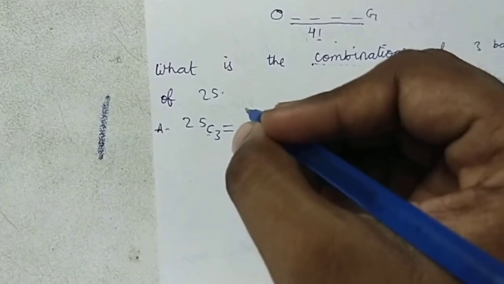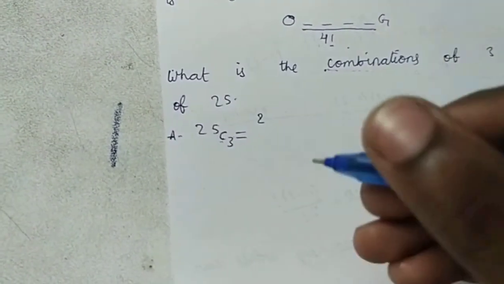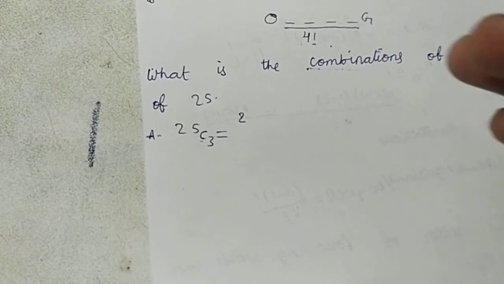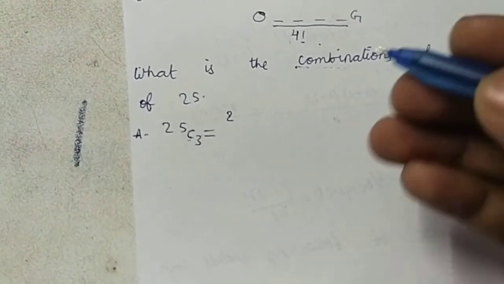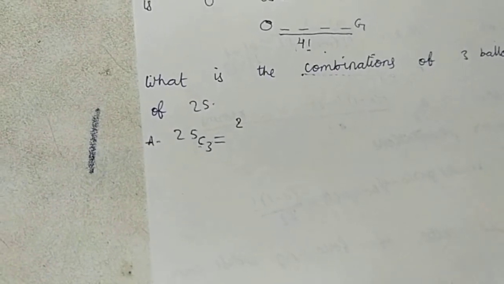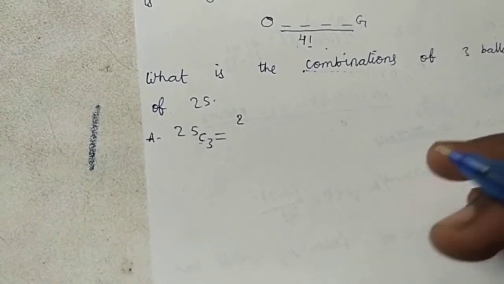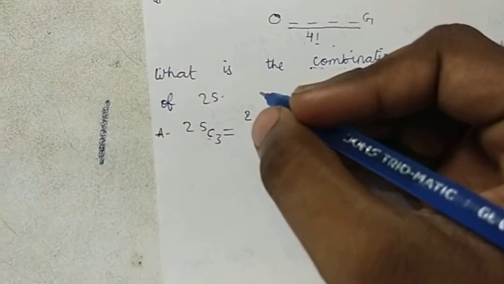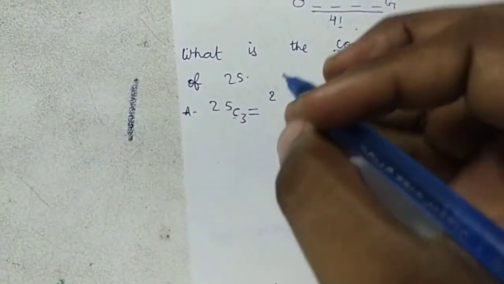By using that formula we can solve the question and get the answer very easily in less time, because in competitive exams they give only 1 minute to solve each question. So this formula will be helpful to everyone.